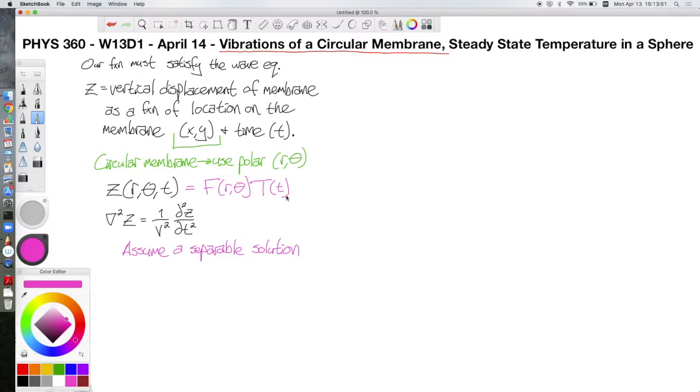The function capital F will be a function of r and theta and will contain all the spatial information, and the function capital T is going to have all of the time information. So we're going to do what we've always done at this point in the process. We are going to plug this in to the wave equation. We're going to divide by the overall function, that is F times T, and then we are going to rearrange.